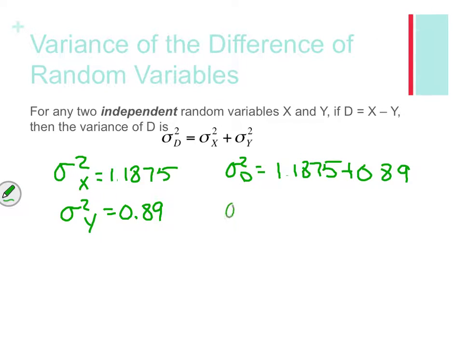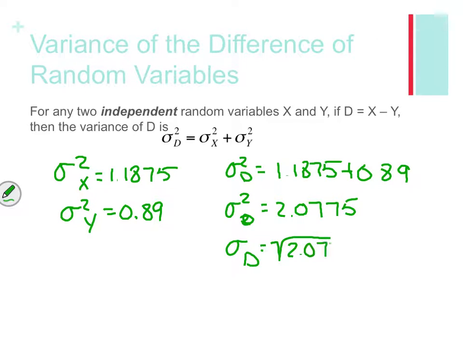So we come to 2.0775, which is of course the same thing as we had before, and this should be D. And of course we know that's the variance, and we already had this answer, because it is the same as the sum. So the square root of your variance is your standard deviation.